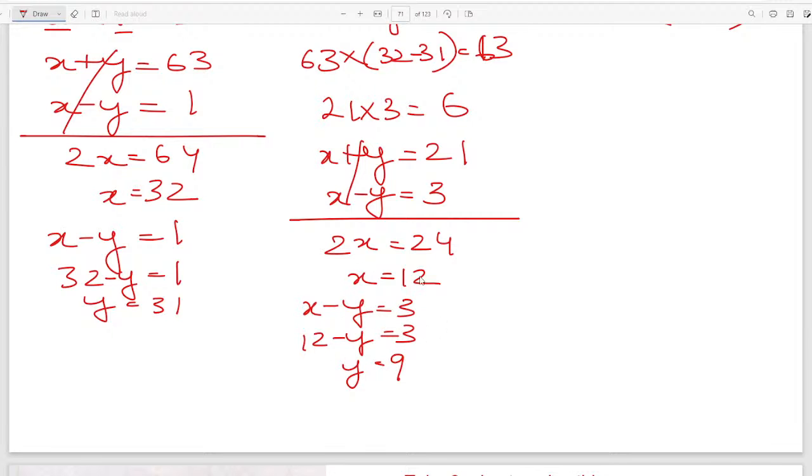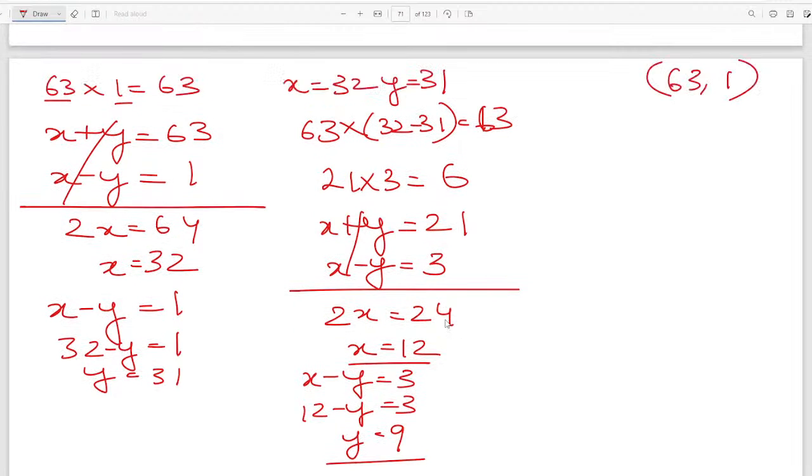So again, these two are coming as integers. So x plus y would be 12 plus 9, it is equal to 21, and 12 minus 9 is equal to 3. So another pair is 21 and 3.